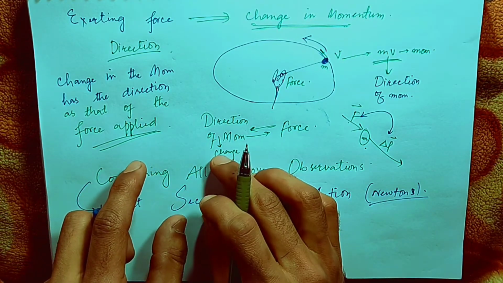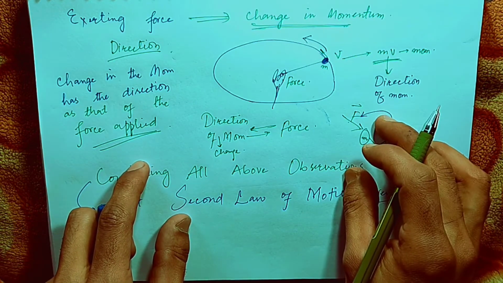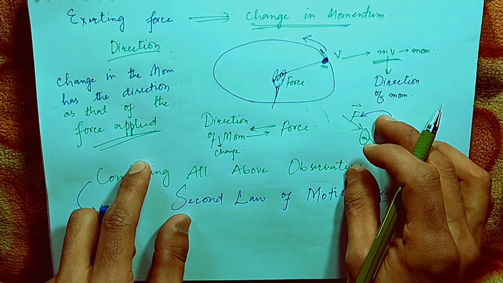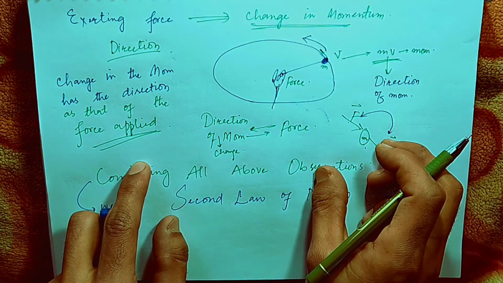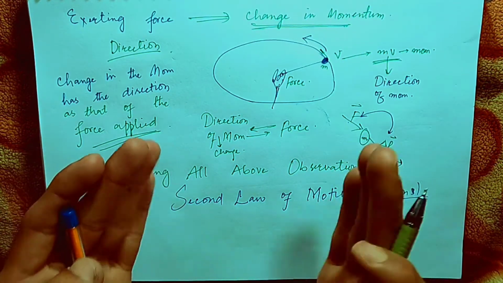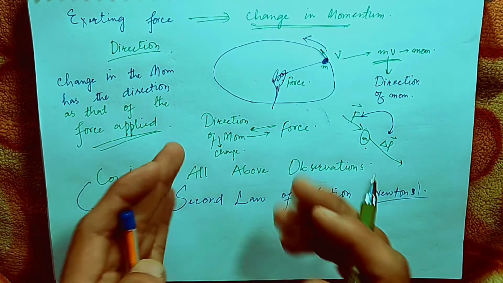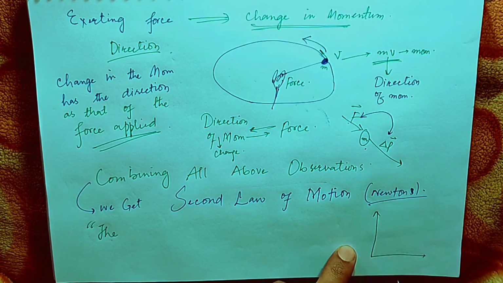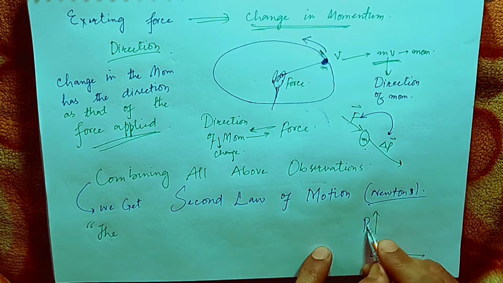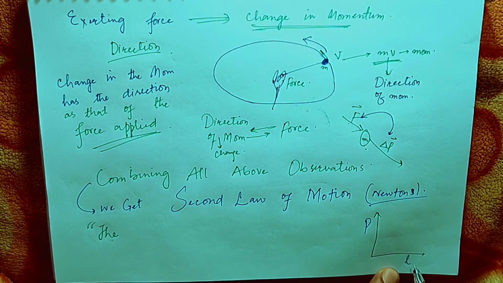If a body is made to change its momentum for a longer period of time, that means the force applied to it will be smaller. And if there is an instant change, for example, I will show you diagrammatically here. Suppose this is a momentum axis and this is a time axis.